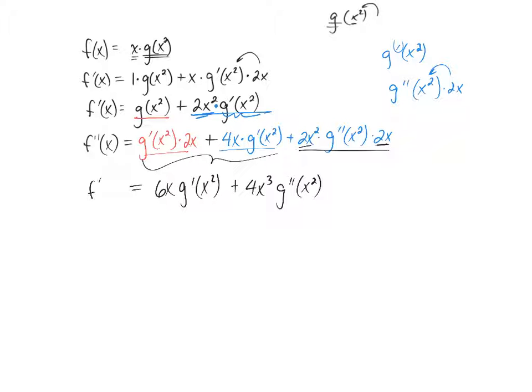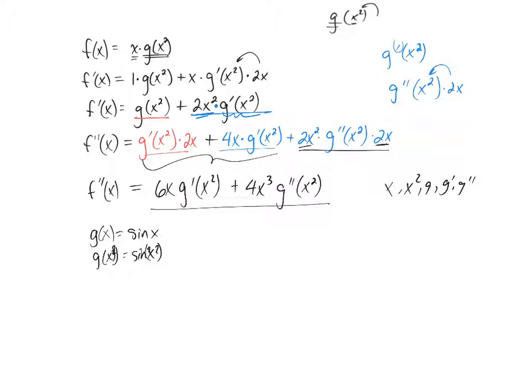And I believe the instructions said to leave your answer in terms of x squared, g, g prime, and g double prime. So we've done that. And I think you can take from parts A and B and think about it: if g of x was given as some linear function in the first one, and I think it was sine of x in the second one, then g of x squared would be sine of x squared.